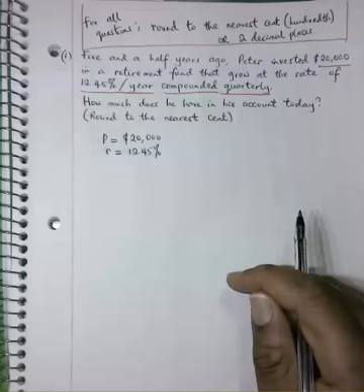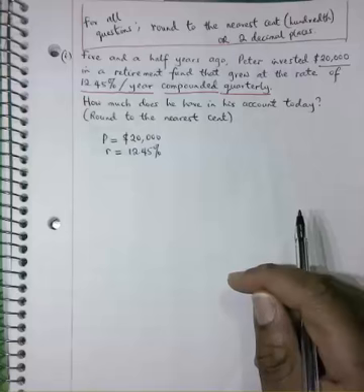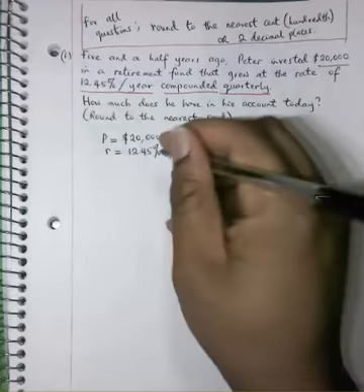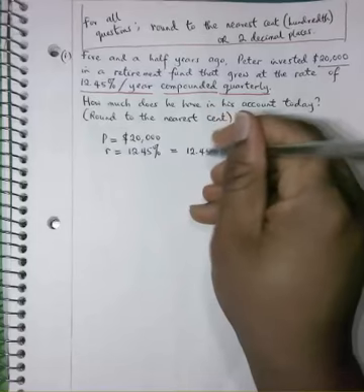Then if you are asked to find it, you find it in decimal, and then you have to change back to percent. And of course, percent to decimal, you have to divide by 100.